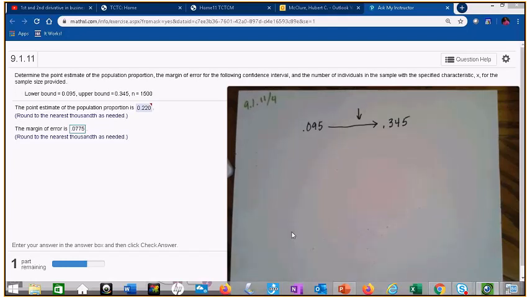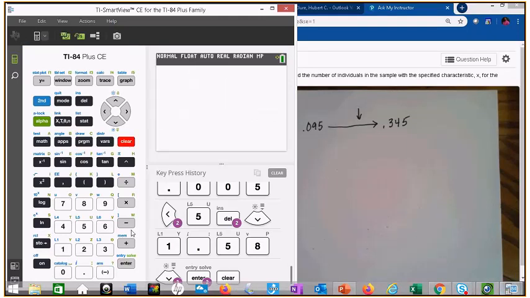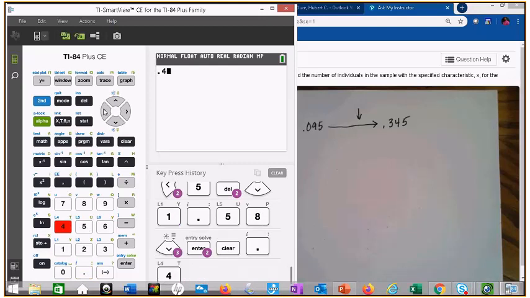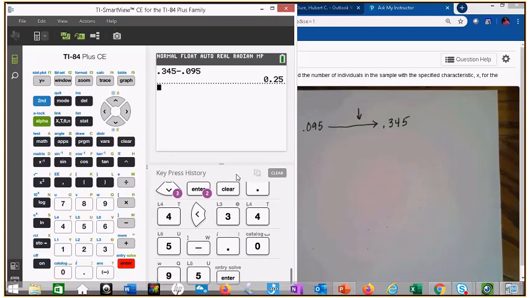I want to find the distance, so I'm going to pull up my handy dandy calculator. 0.345 minus 0.095. And that's 0.25. So we've got 25 cents between these two.